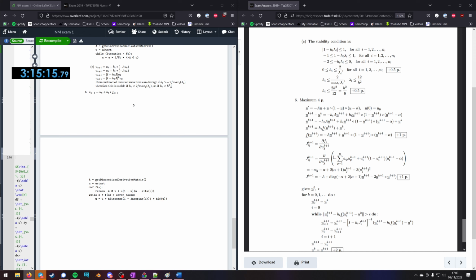They are differentiating this entire thing with regards to k plus 1. Oh, that is funky. I don't understand this at all. So they are differentiating.